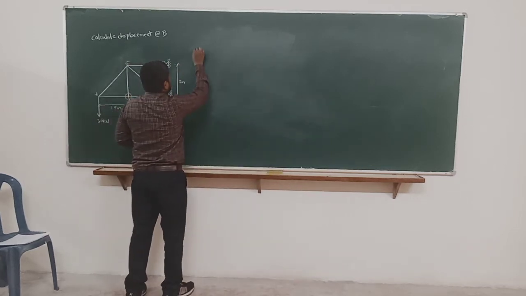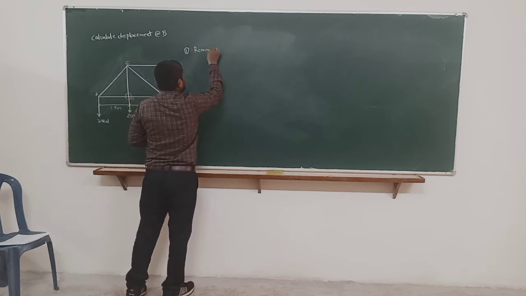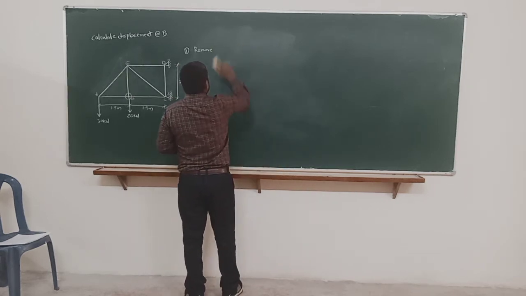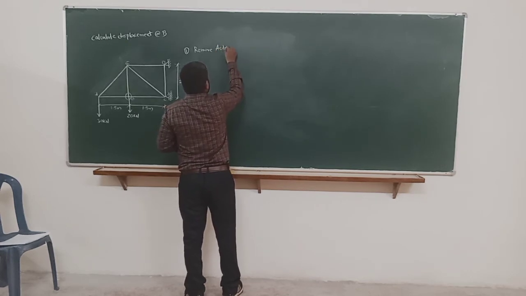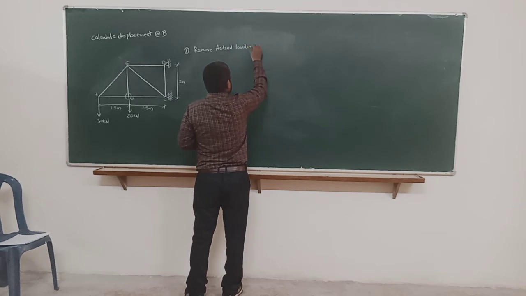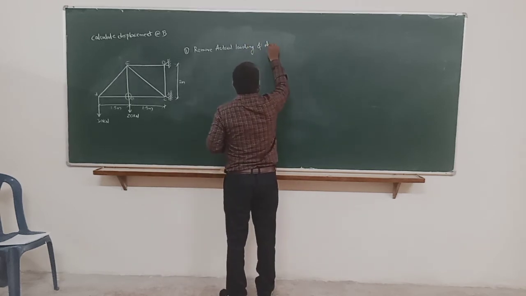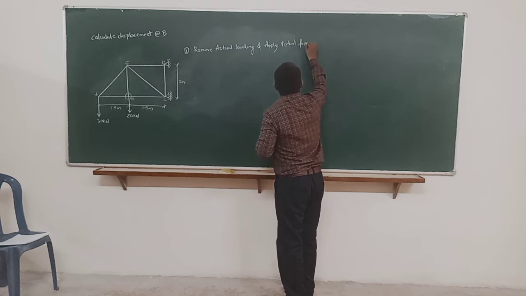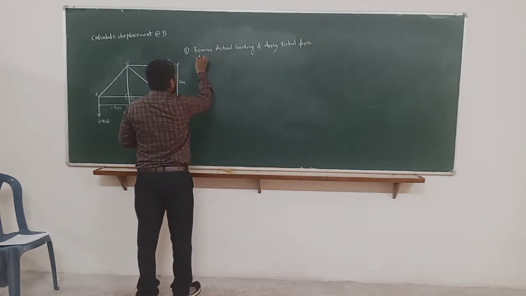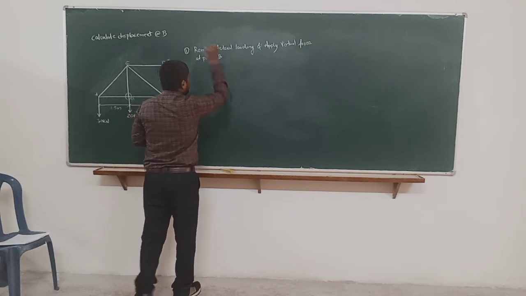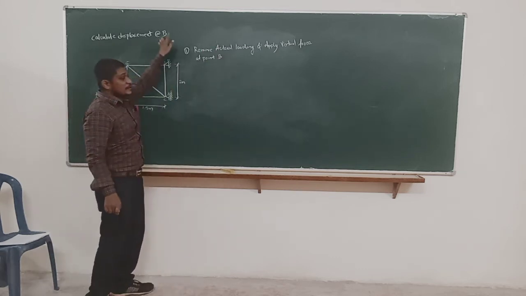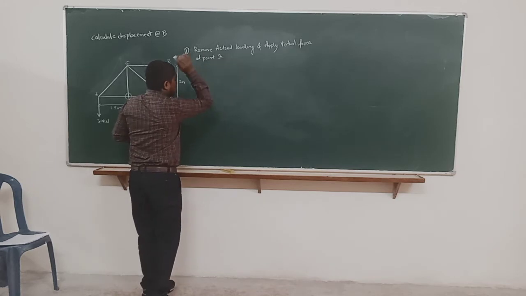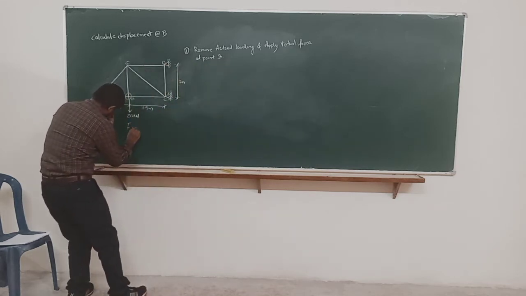Now, the first step is to remove the original, or actual, loading and apply a virtual force at point B, because what we have been asked is to calculate the displacement at point B. So whatever imaginary load or virtual force we apply will be applied exactly at point B. This figure I will call figure A.